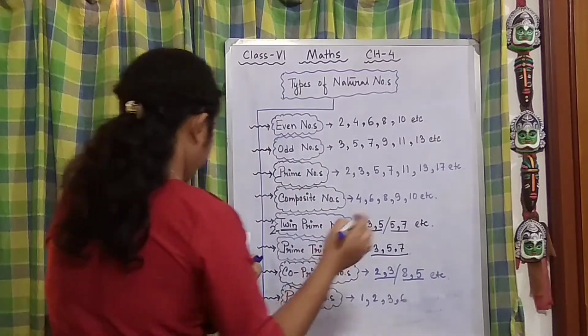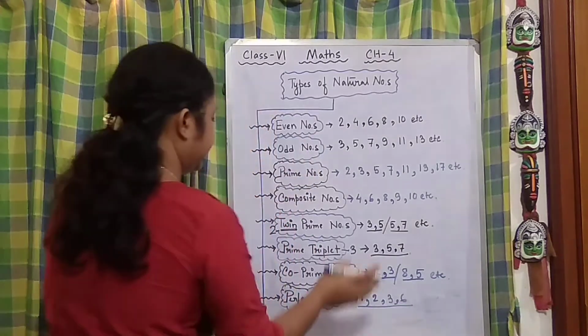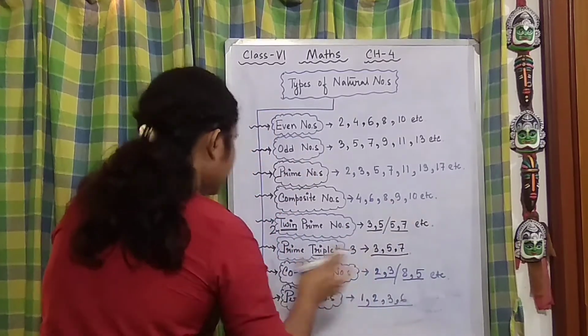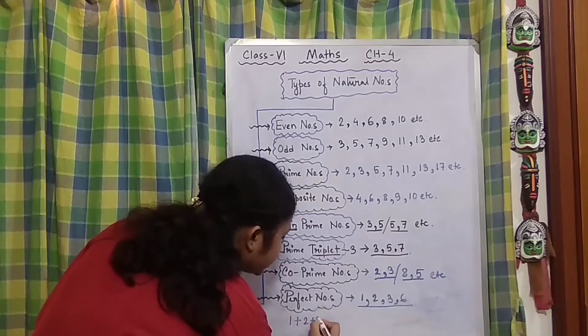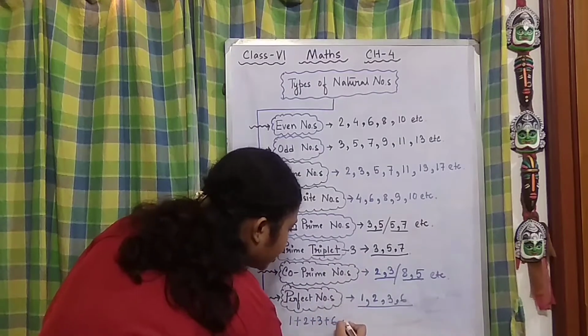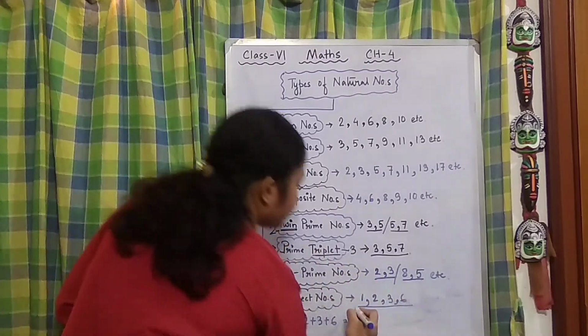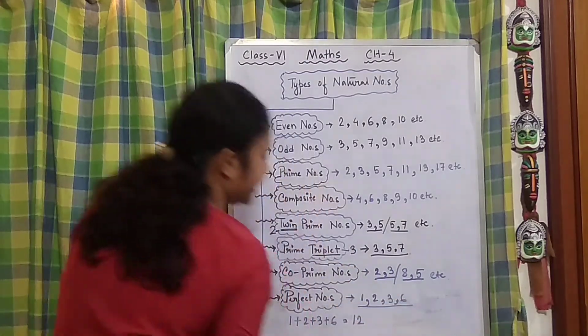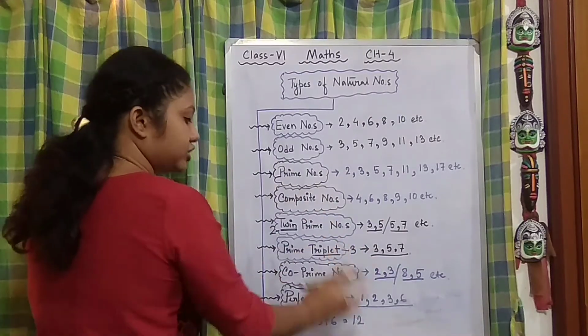First we are going to sum them up: 1 plus 2 plus 3 plus 6. What is it giving? 6, 7, 8, 9, 10, 11, 12. So adding all 4 numbers together gives 12.